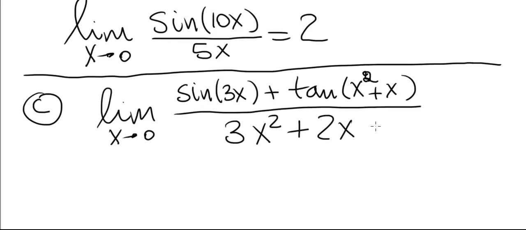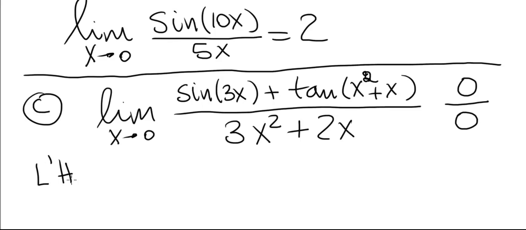So once again, let x go to 0: sine of 3x goes to 0, tangent of x squared plus x also goes to 0, so the numerator approaches 0, and clearly the denominator also approaches 0. We have the indeterminate form 0 over 0.